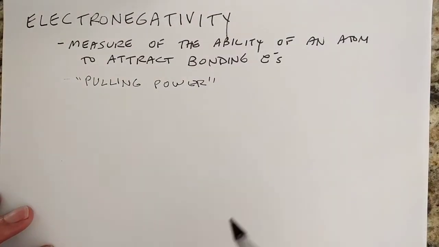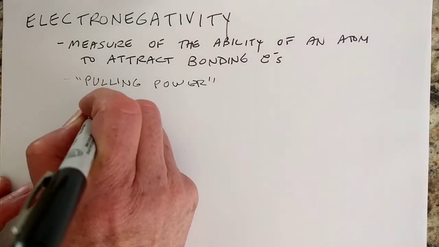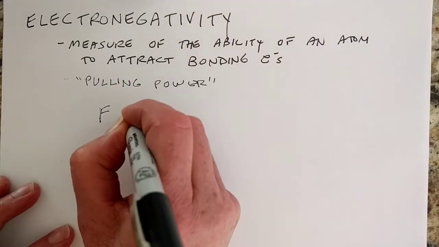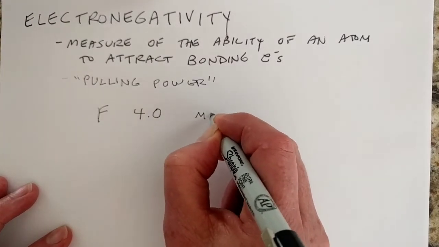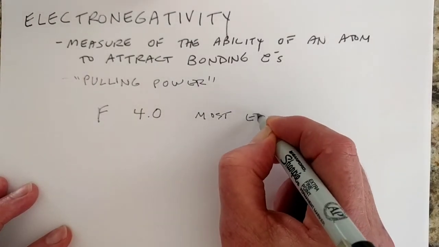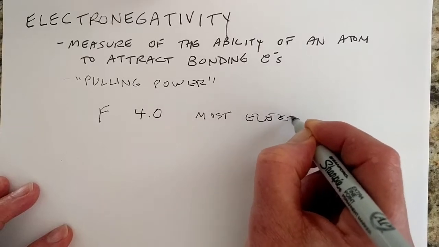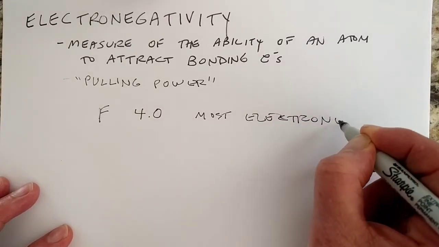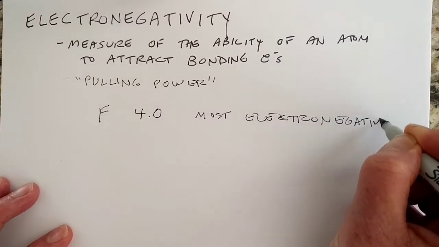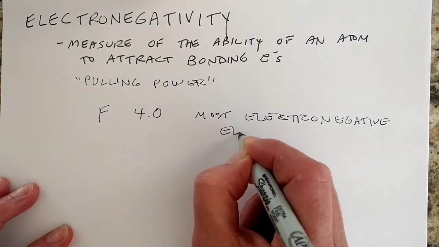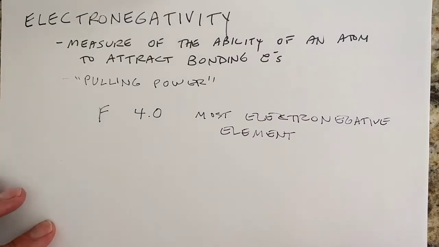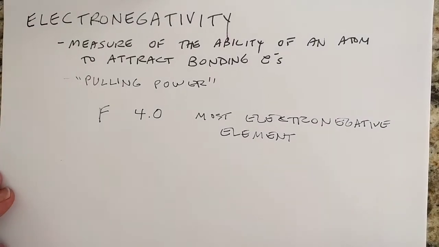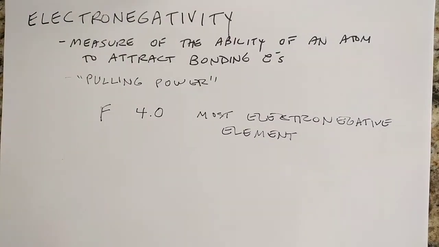So our top three, fluorine with a value of 4.0, our most electronegative element. Fluorine has the greatest pulling power. You can think of it, it's got the biggest guns on the periodic table.